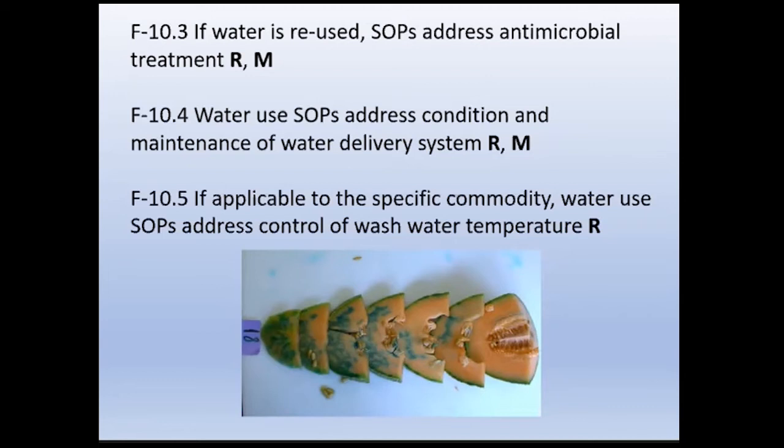F10.4, water use SOPs address the condition and maintenance of the water delivery system. Now, we talked about having water delivery system on the total farm. So if you forgot to do it in the packing house, this is where it really says you've got to have that water delivery system illustrated in your pack house or wherever you're handling your product post-harvest.